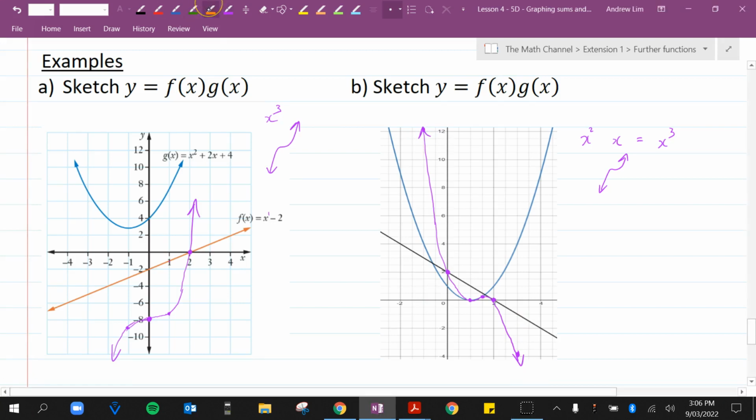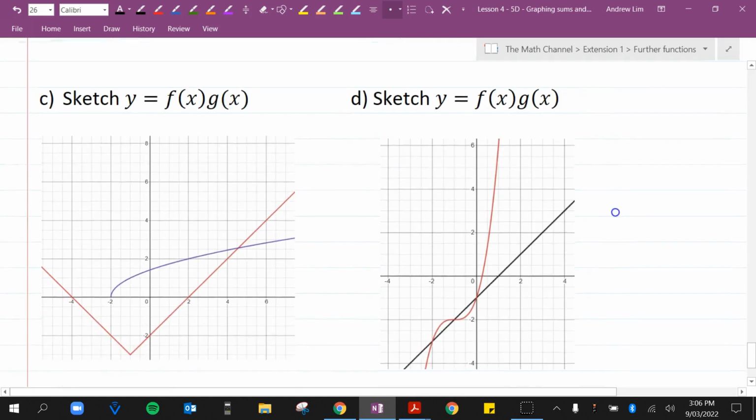Now you might have been tempted to have gone down here, right, and then come down, but just remember, positive times positive is still positive. It doesn't become negative, so it won't go below the x-axis between 1 and 2. Okay, so just be careful.